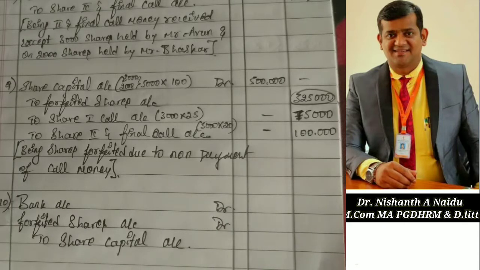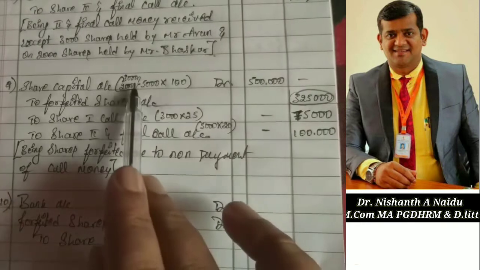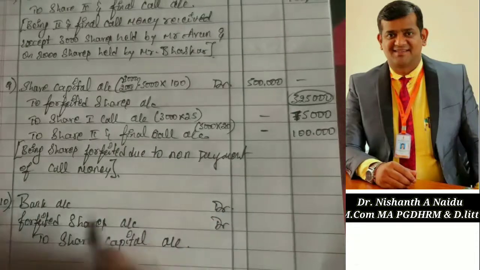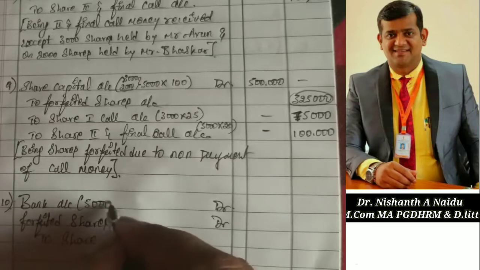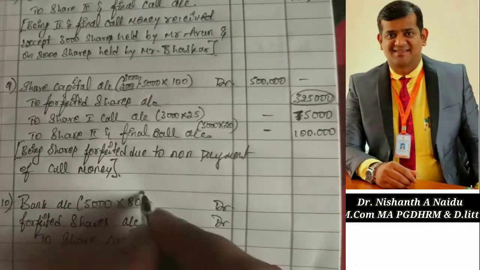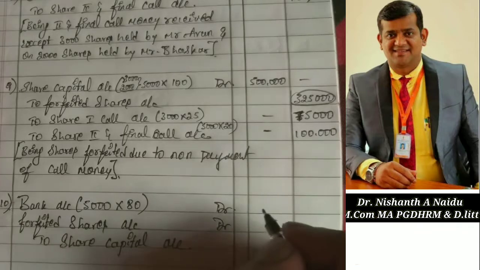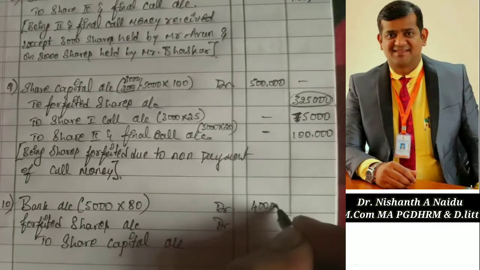So now at what rate has it been reissued? All the forfeited shares were reissued to Mr. Chandan at rupees 80 per share. All the forfeited shares means 3,000 held by Arun, 2,000 held by Bhaskar, put together 5,000. So now calculate 5,000 into 80. How much are you going to get? 4 lakh rupees.